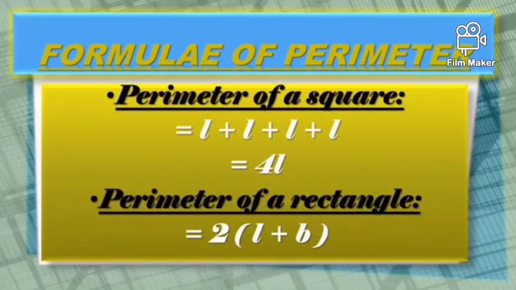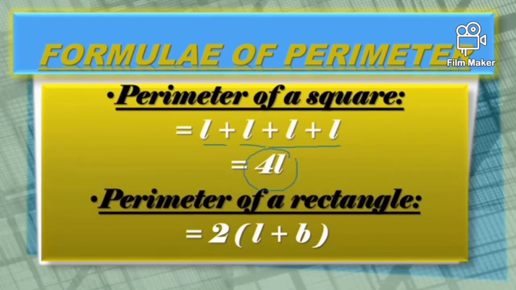Here we have the formula of perimeter. The formula of perimeter of a square is L plus L plus L plus L, which is equal to 4L.